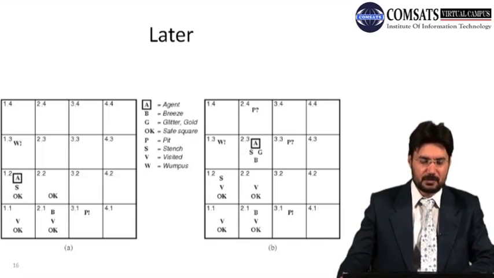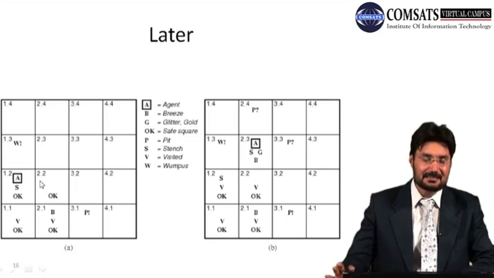1.2. Now when we move to 1.2, we also receive a stench. When we receive a stench, this means that there is a Wumpus either here or here. The Wumpus can be in 1.3 or in 2.2.